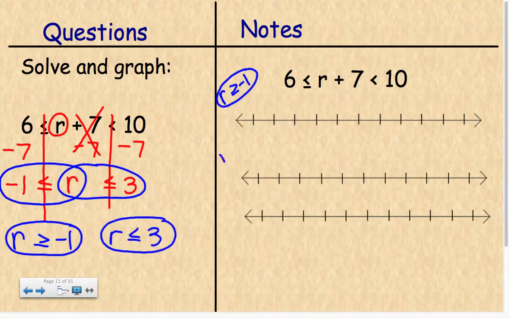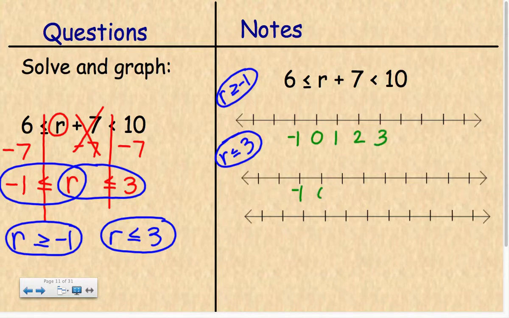So that's going to go on my second number line. And then my third number line is going to be the and of these two inequalities. So I need my number lines to go from negative 1 to 3. Okay, so r is greater than or equal to negative 1.